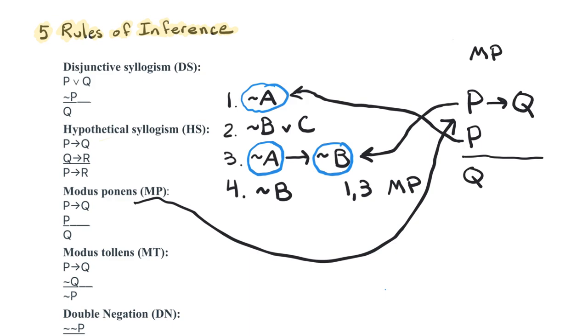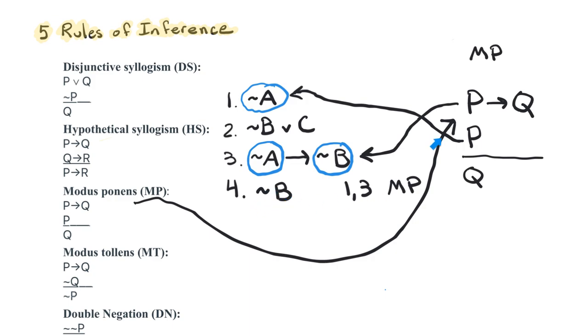So to show you again, here's our conditional, and we can see in premise 1, tilde A is our antecedent. So if tilde A then B, well, we've got tilde A, and by the rule of the modus ponens, which we just showed, if you have the conditional and the antecedent is satisfied, then you get the consequent.